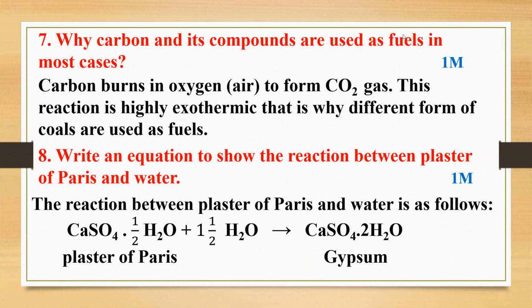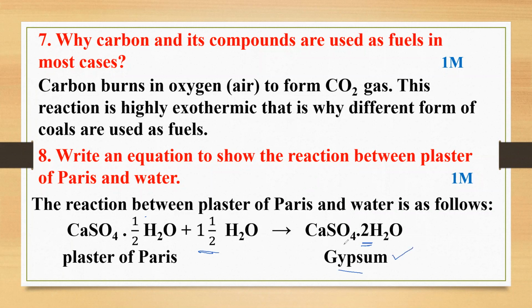If it is treated with water, or reacts with water, it converts to gypsum. Gypsum is calcium sulfate dihydrate, with two water molecules. Here there is only half a water molecule. To convert to two water molecules, there is an addition of 1.5 water molecules. Remember, the reaction of plaster of Paris with water gives gypsum.